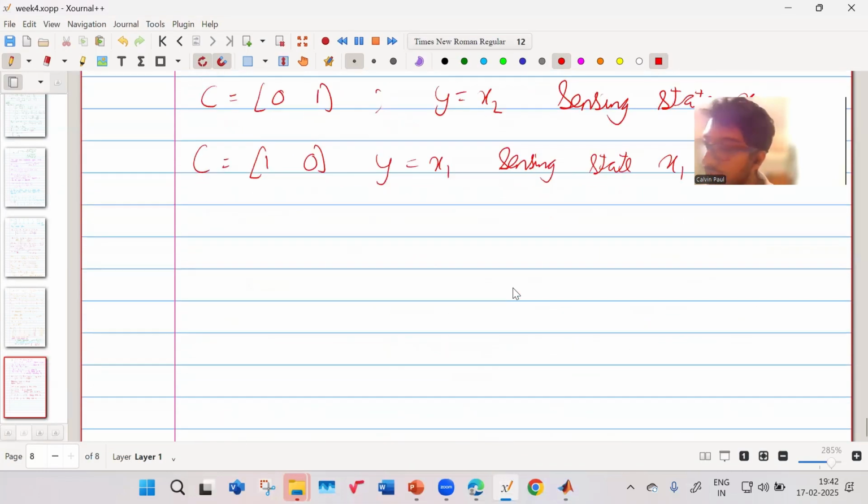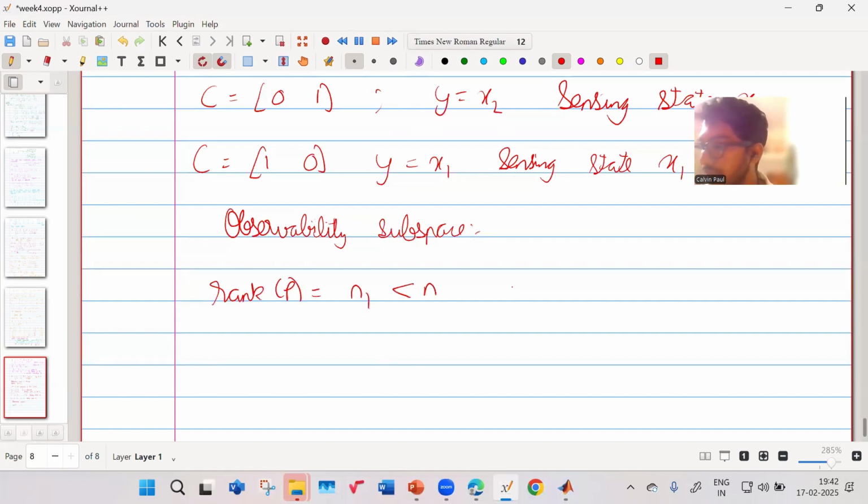Then there is something known as the observability subspace. If the rank of the observability matrix P is equal to n1, which is less than n, then there is an n1 dimension subspace.